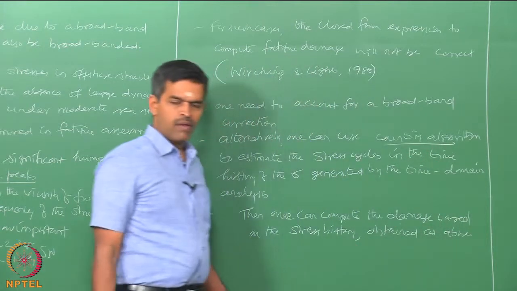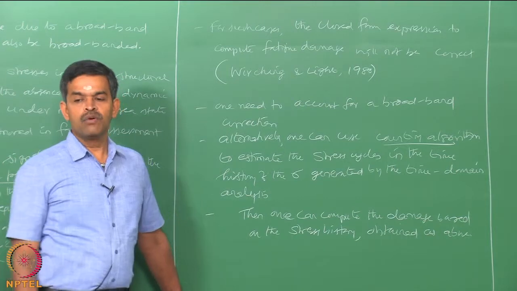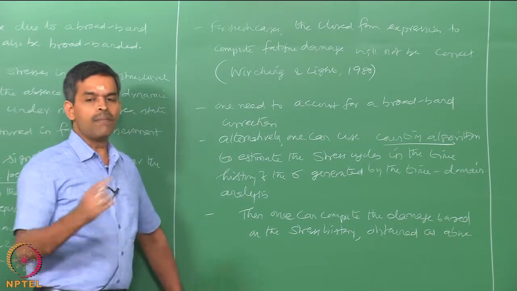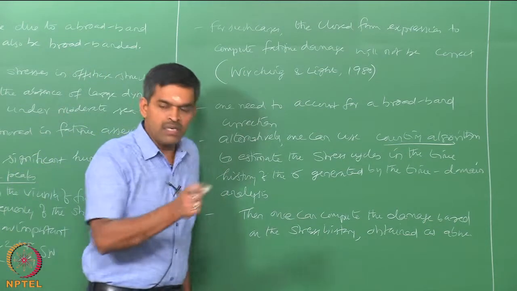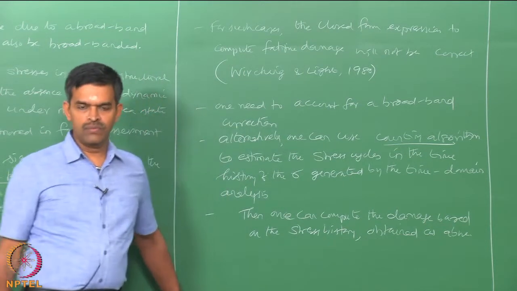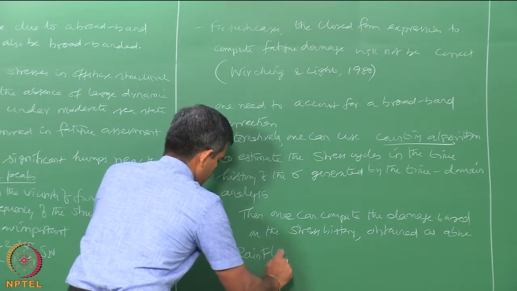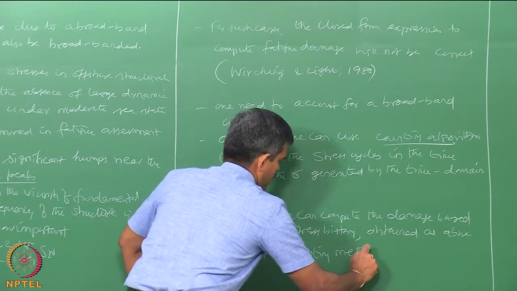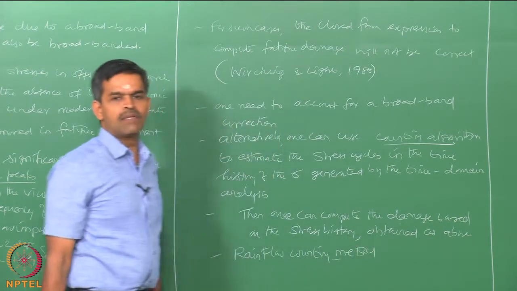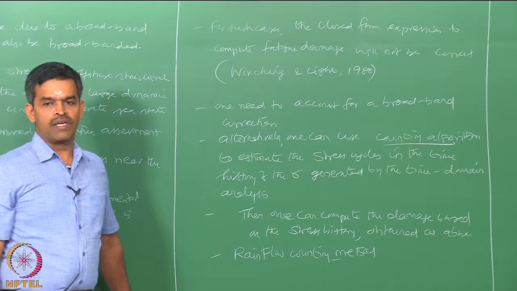Counting means for a given stress cycle time history, you try to find out how many number of times, or what is the cycle by which the stress has exceeded a specific threshold value. So, the rain flow counting method is seen as one of the effective alternative methods, which is very popular in offshore fatigue assessments.